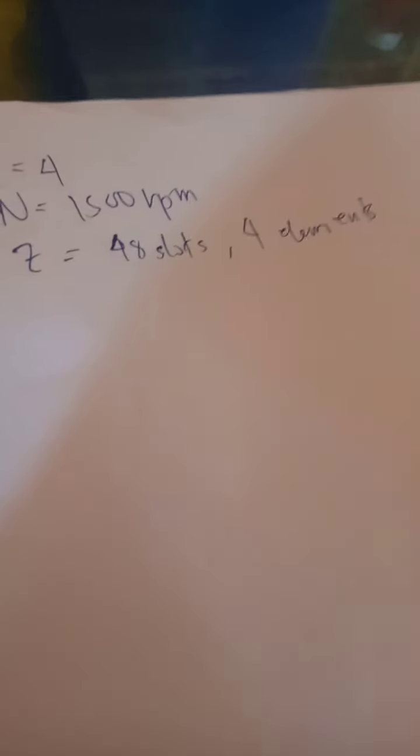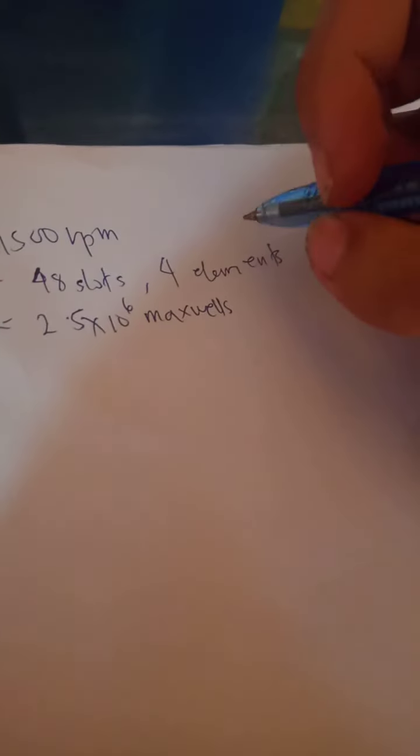Then there are 4 elements per slot. Now our flux is 2.5 times 10 raised to 6 Maxwells, and we have to convert this into Weber, and that's equal to 0.025 Weber.